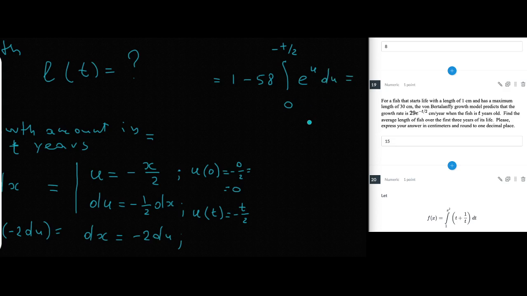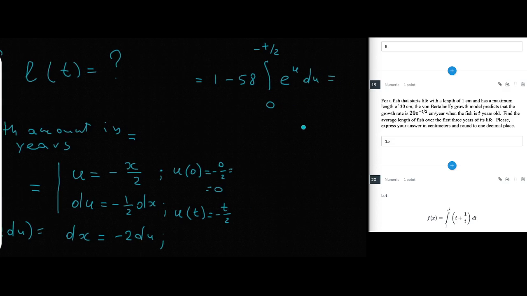And this is now easy to integrate. Antiderivative of e to the power u is e to the power u, so we get 1 minus 58 e to the power u, where we evaluate this antiderivative at 0 and negative t/2. And so we're going to get 1 minus 58, open parentheses, e to the power negative t/2 minus e to the power 0.